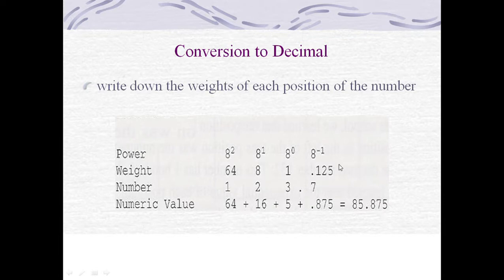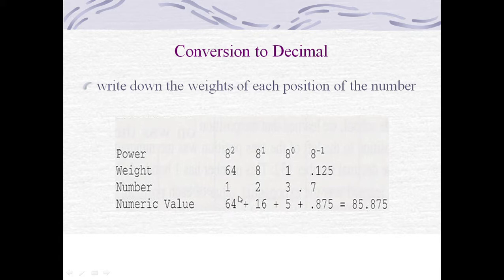So we just need to multiply these weights with the corresponding digit. These are the weights for the corresponding position, and we multiply these weights with the digit at that particular position and sum them. So after the sum, we get 85.875. This is the numerical value represented in decimal system.